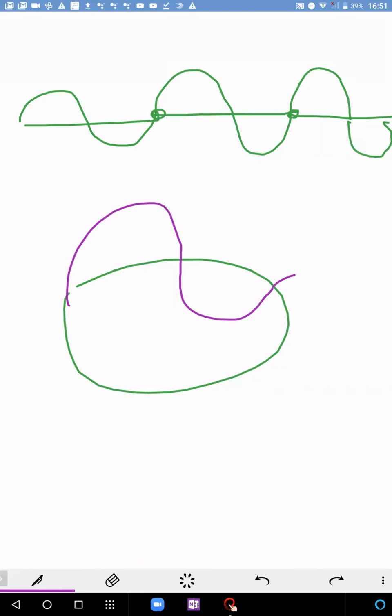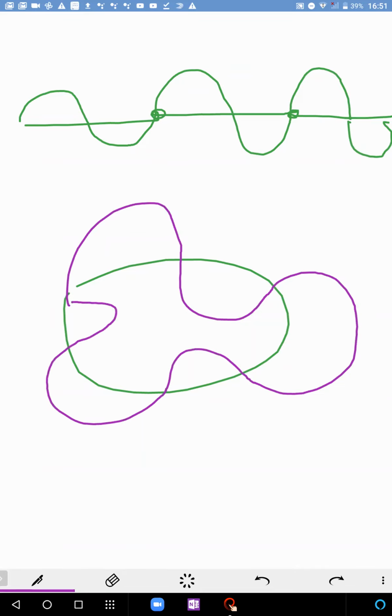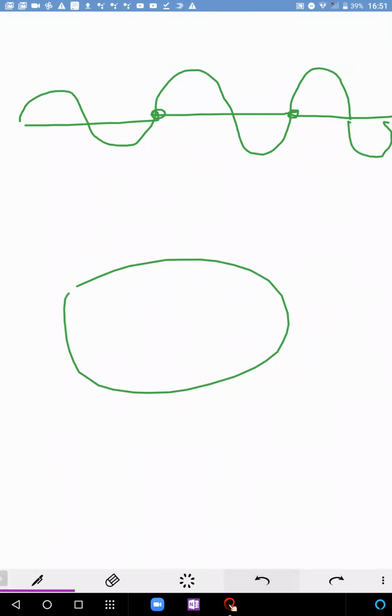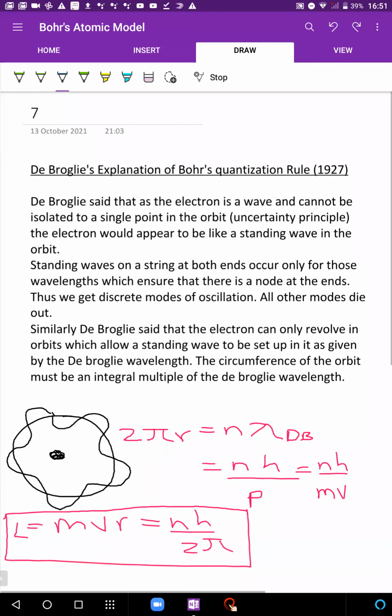One loop, then it goes down, 2 loops, goes up and comes back down, 3 loops, right? And this means its wave nature is not a particle type wave nature going up and down. It's not a position based wave nature. It's something totally different. But that's kind of the idea.